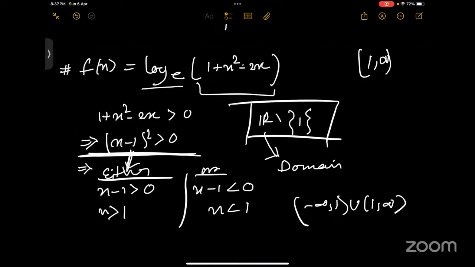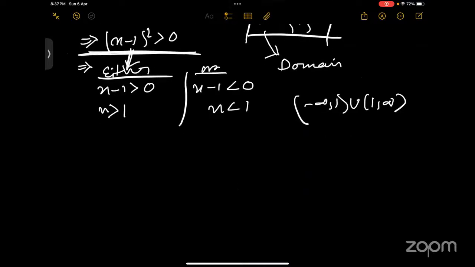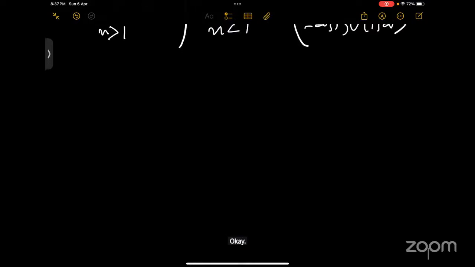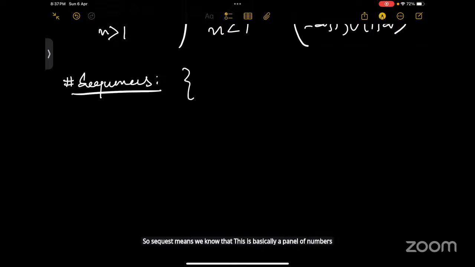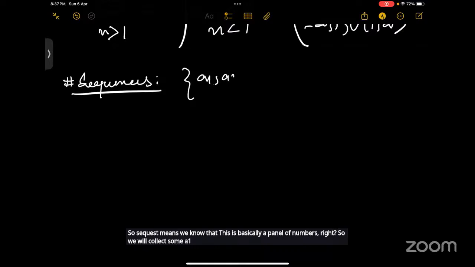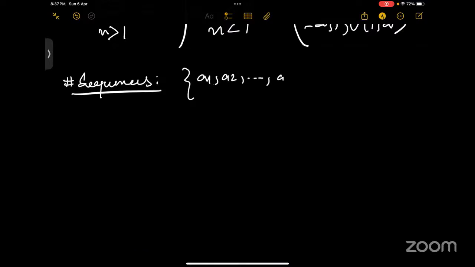Clear. Then maybe we can move to sequences. Sequence means we know that this is basically a list of numbers, right? So we will collect some a1, a2, an and so on.